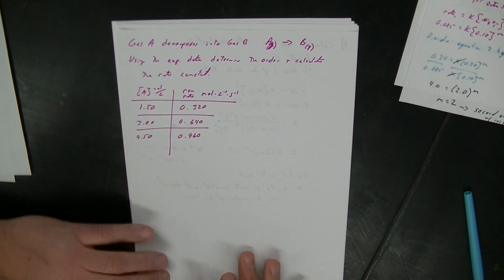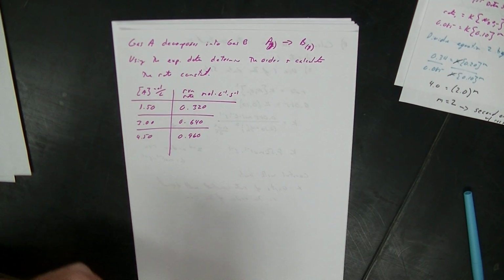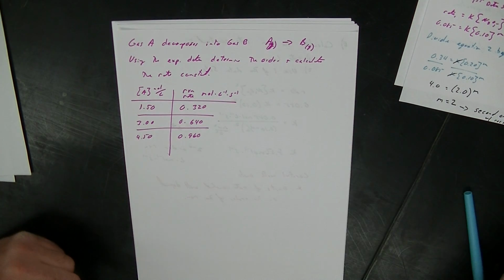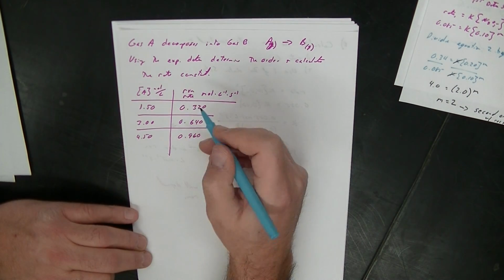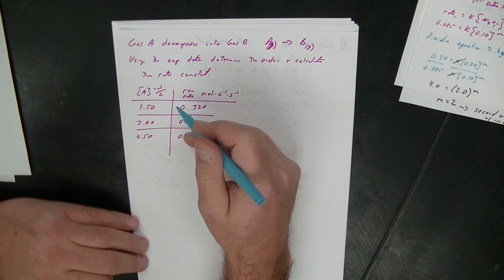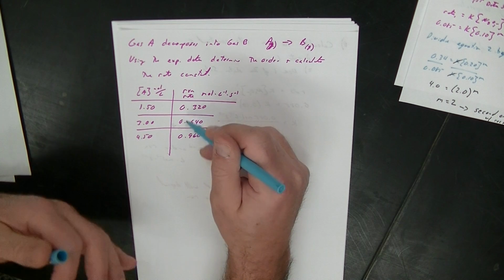Alright, so the first thing we have to do is figure out the order and write our rate law. So we're going to use two data sets, and again, I'm going to pick the top two.